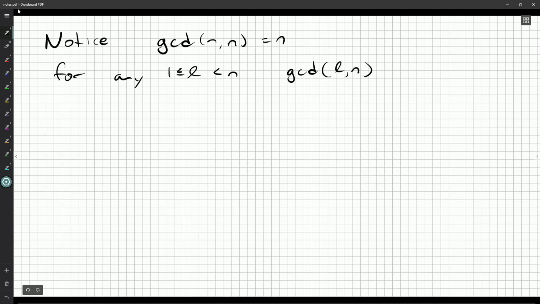So, first thing I'm going to say is notice that the GCD of n and n is always n. You can't really escape that. And for any L less than n, well, GCDs are always greater than or equal to 1, right?